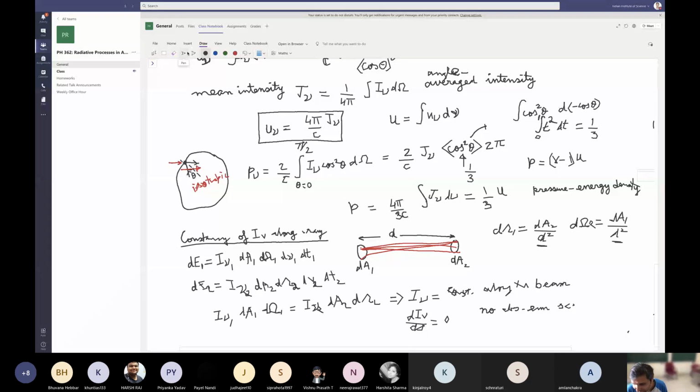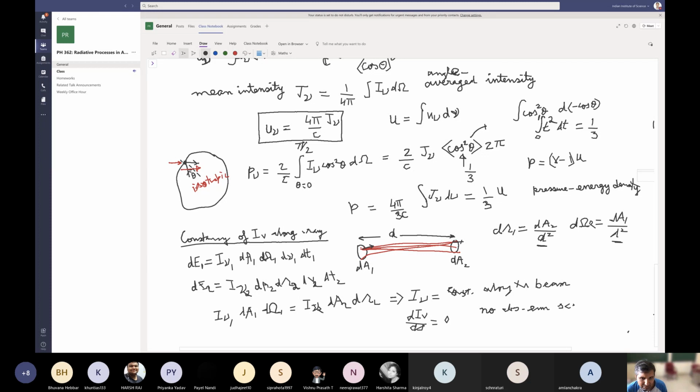What I'm actually saying is that in this example, what you're considering are the rays that are crossing these areas in given directions, right? So whatever energy crosses this area per unit time is the same as whatever crosses this area, right? And we are just saying it's a sort of steady state.